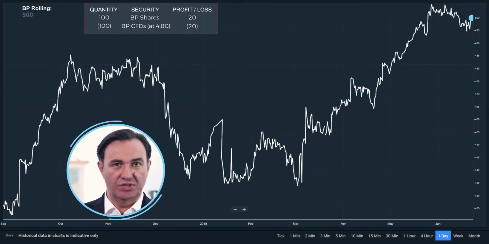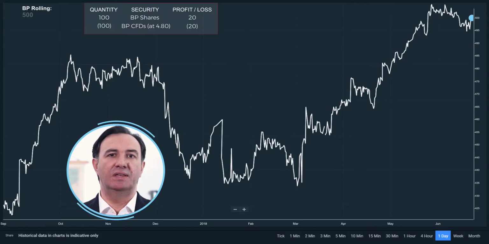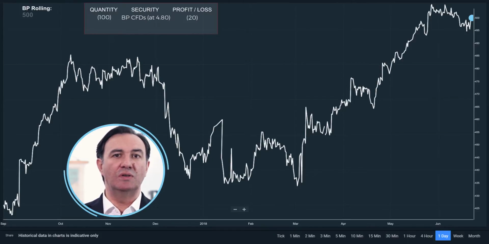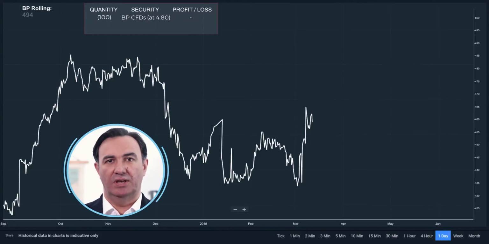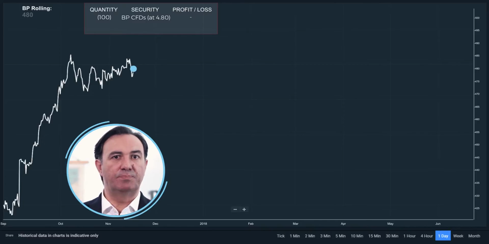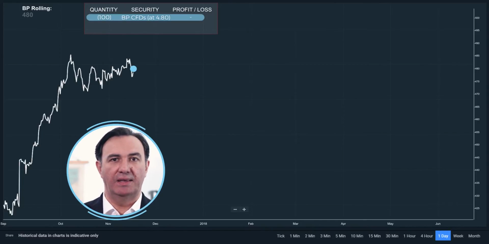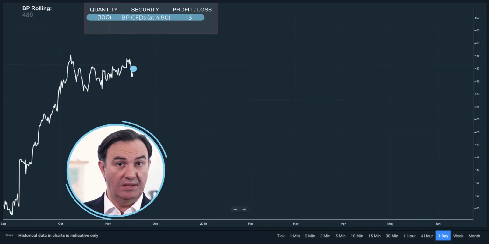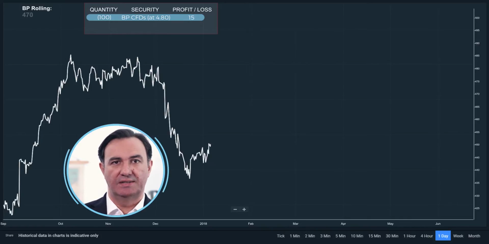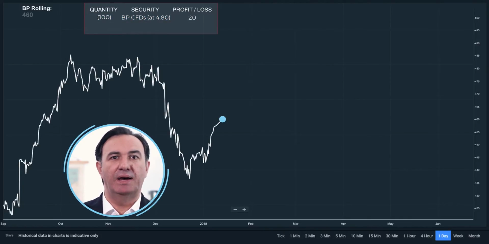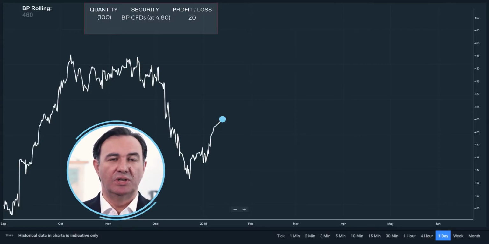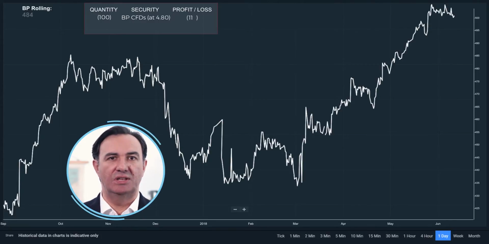What the first users of CFDs realized pretty quickly is that you can use them not only for hedging, but for speculation as well. If you think the price will rise, you buy a CFD. If you think the price will fall, you sell it. We'll be looking at buying and selling in the next module, so we won't go into too much detail here.